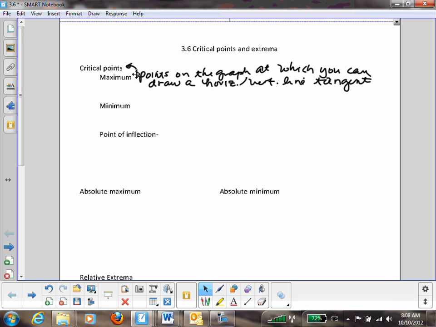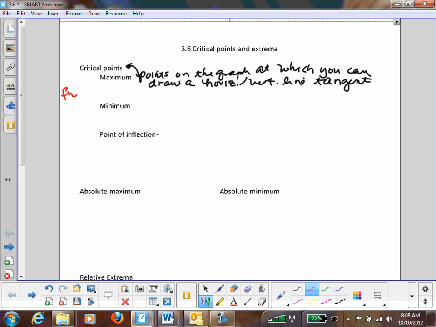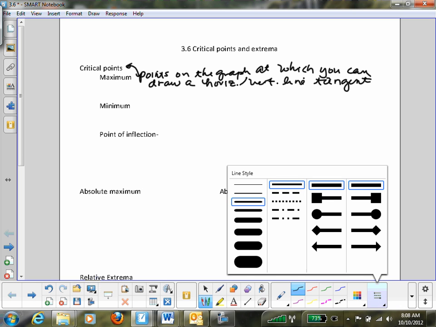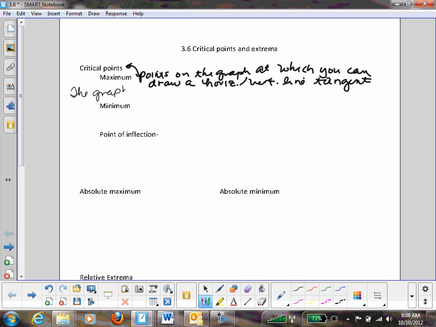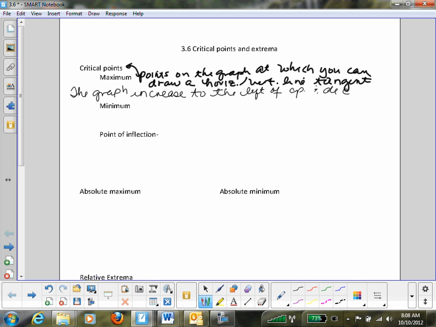All right, so then we have maximums. A maximum is where the graph increases to the left of the critical point (CP is critical point) and decreases to the right.